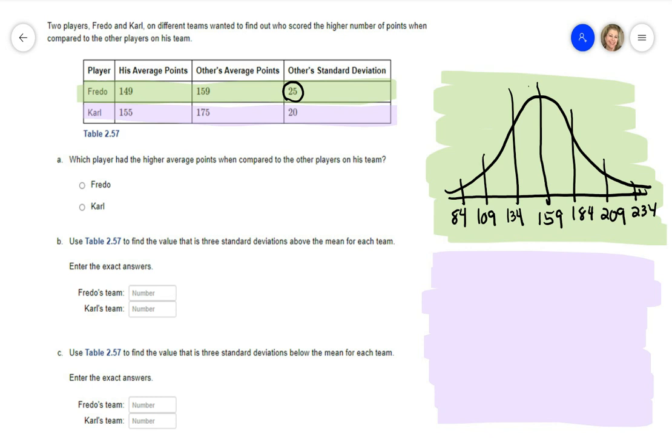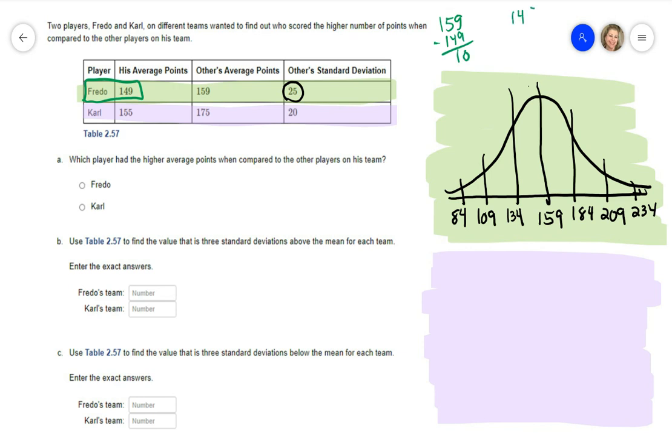Now, Frito has an average score of 149. So 149 would be somewhere between the mean and 1 standard deviation below the mean. If I did 159 minus 149, that's 10.